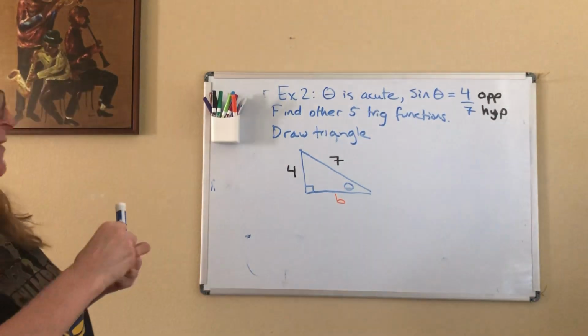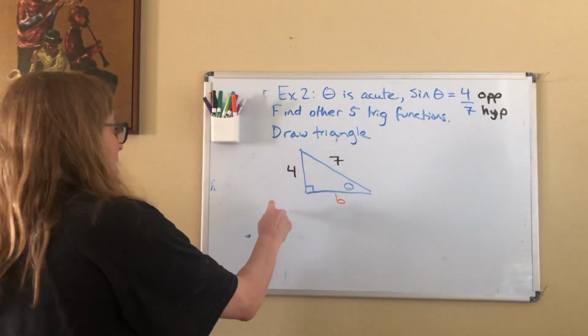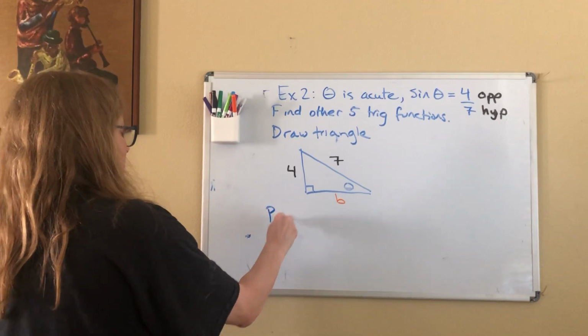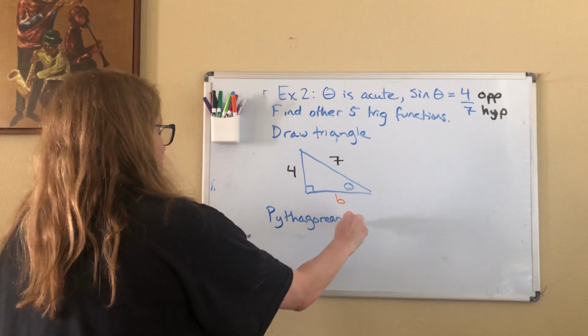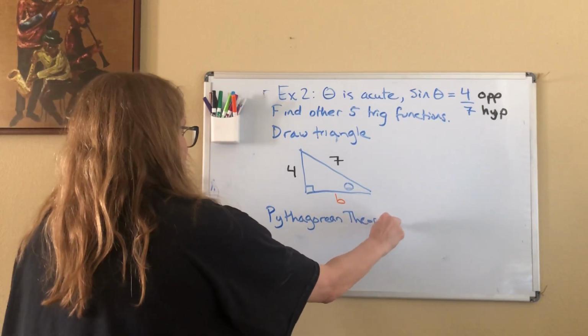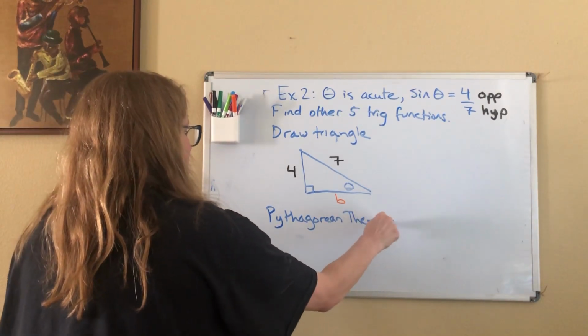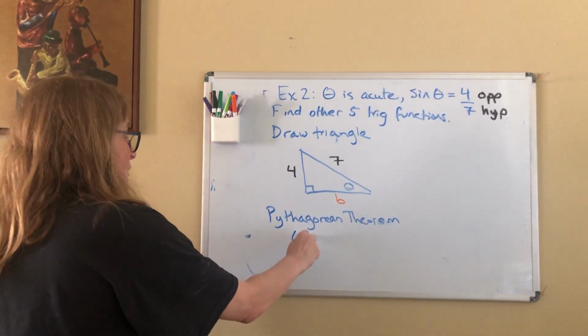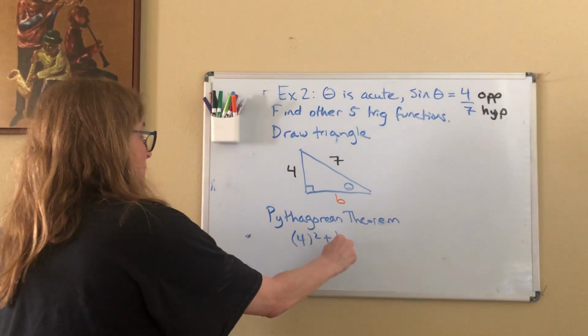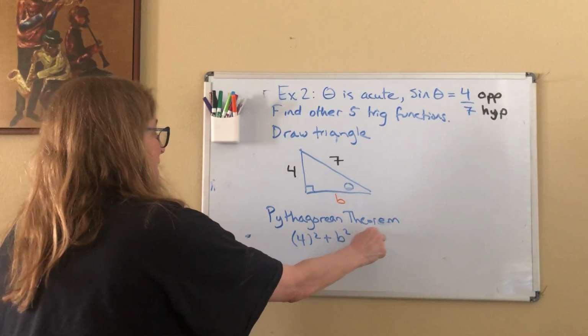So we need to use the Pythagorean theorem to find B. We're going to do 4 squared plus B squared equals 7 squared.